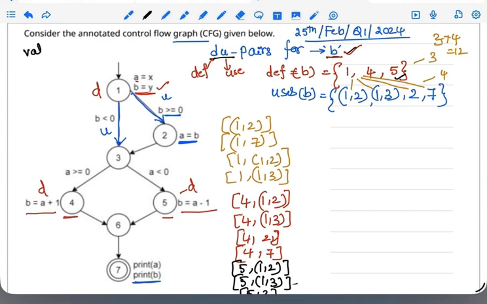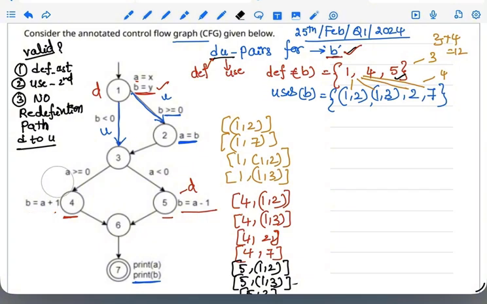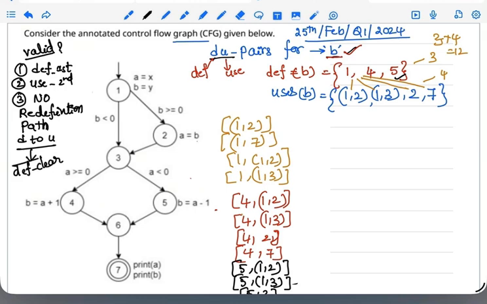How many are valid du-pairs? For a valid du-pair there must be no redefinition; the path must be def-clear.